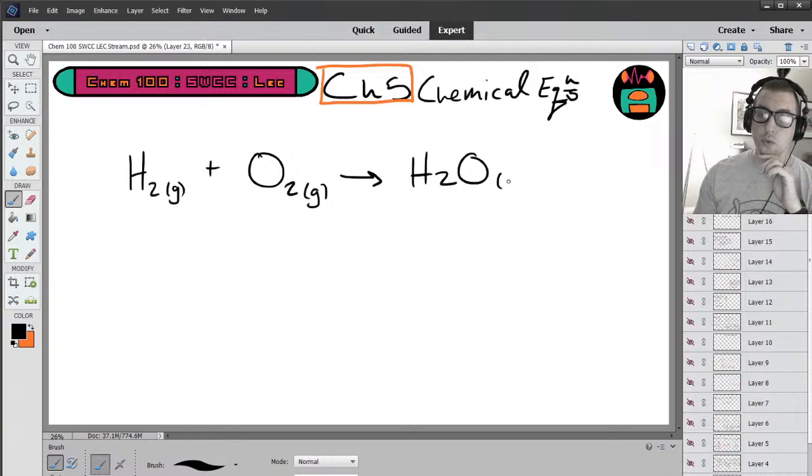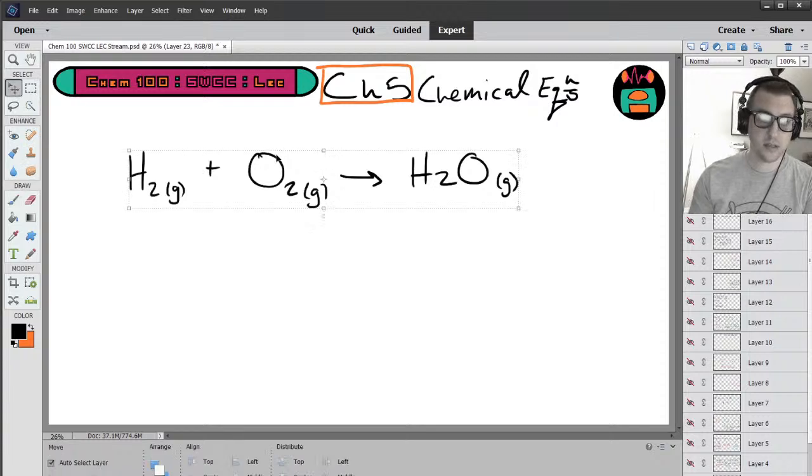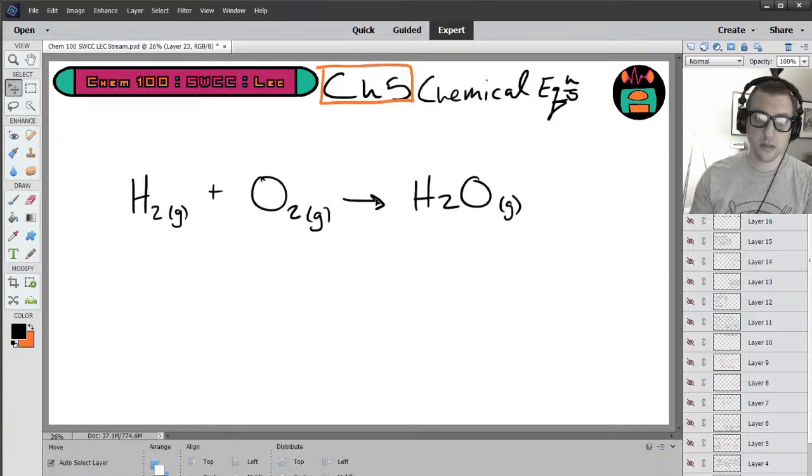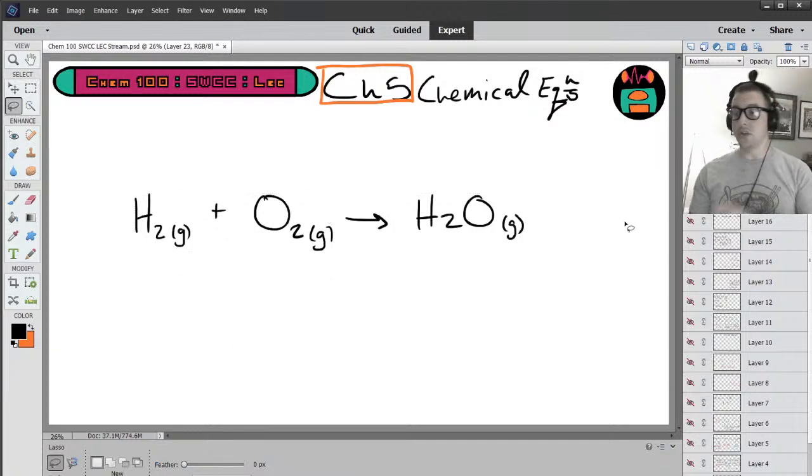This is how you write a chemical equation. I'm going to break down all the parts. I'm just going to lower this a little bit. There we go. So you'll notice that there is an arrow right here.